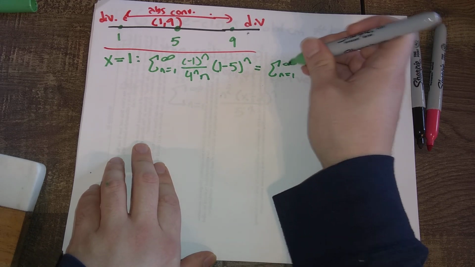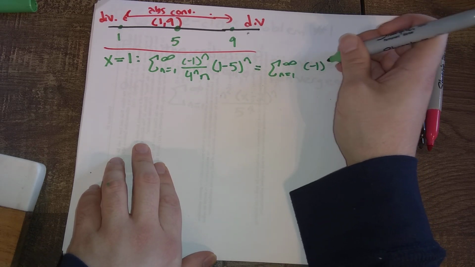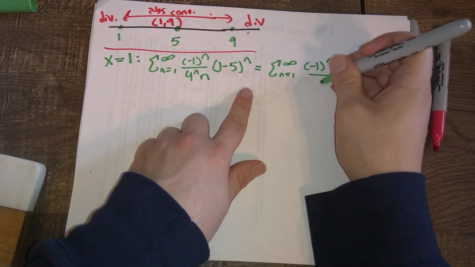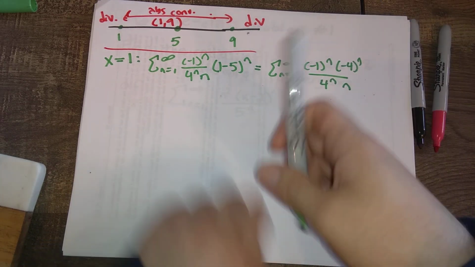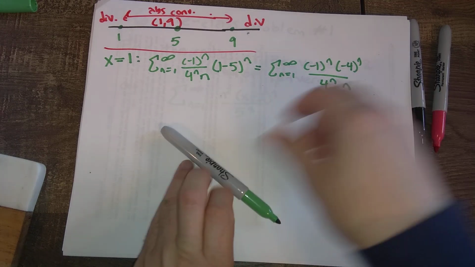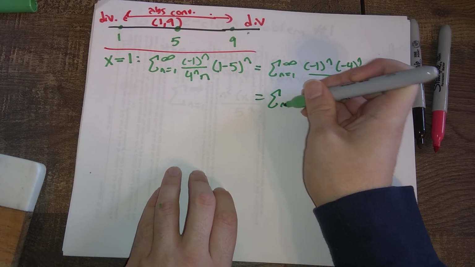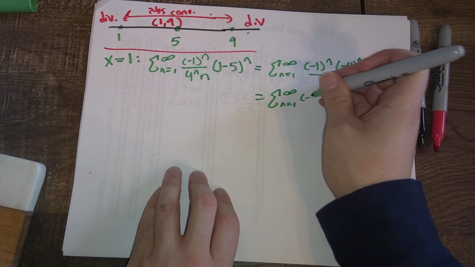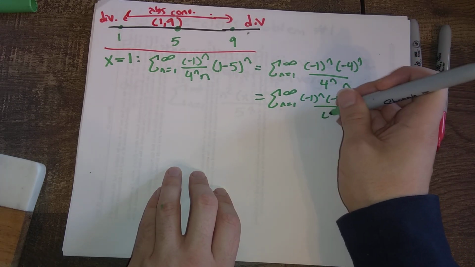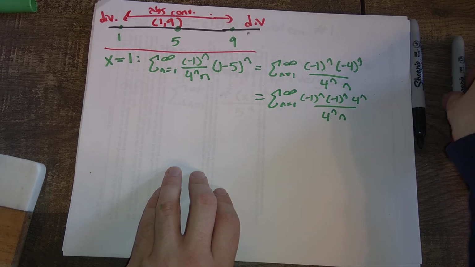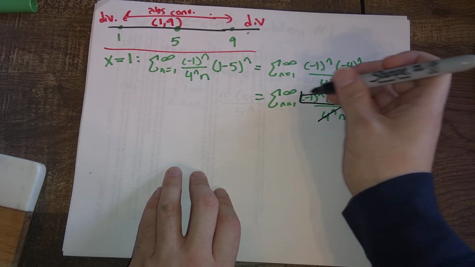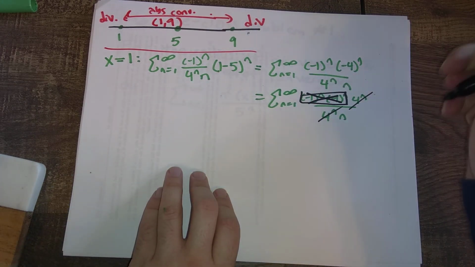This is going to simplify way down. (-1)^n times (-4)^n divided by 4^n times n. And (-4)^n is just (-1)^n times 4^n. So we have (-1)^n times (-1)^n times 4^n over 4^n times n. Cancel, cancel. That's (-1)^(2n), which is always going to be 1.